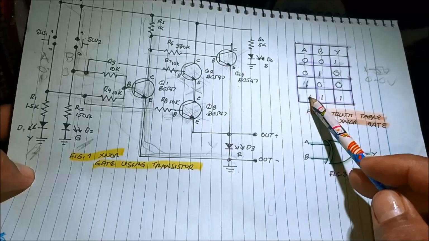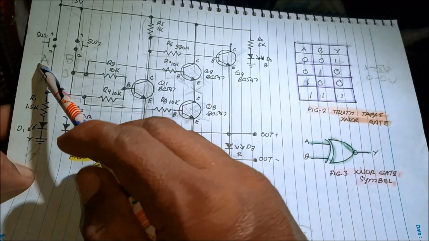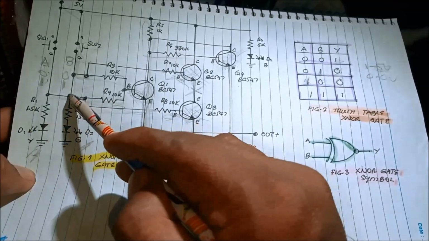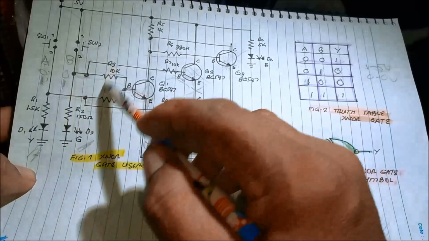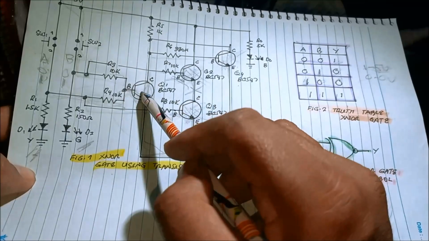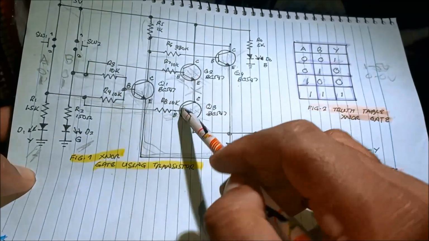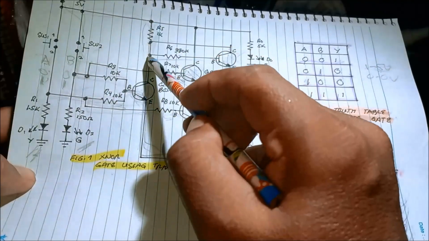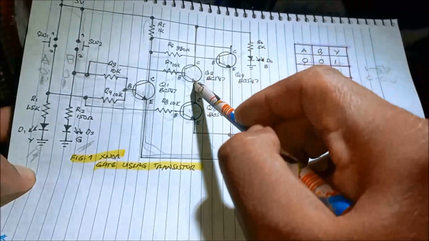But if we're both pressing the switch, injecting a high level to switch A and switch B, 1, this transistor turns on, this transistor turns on, this transistor turns on. So the current flows from the base, then to the collector to emitter.